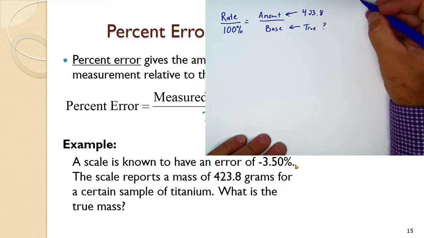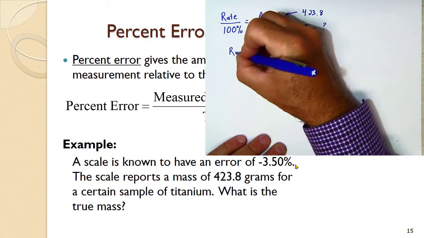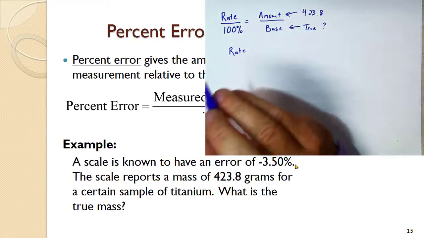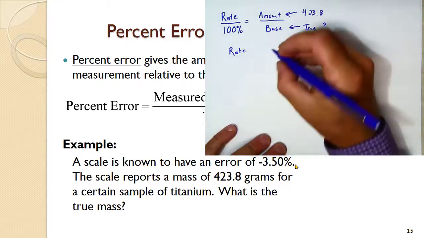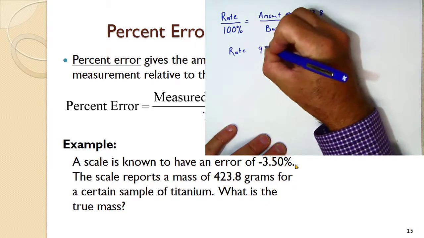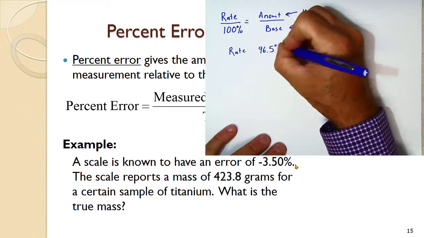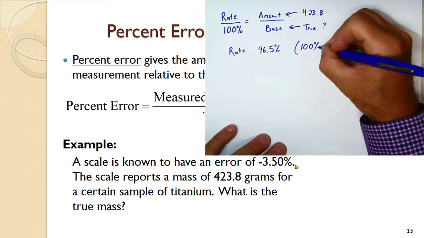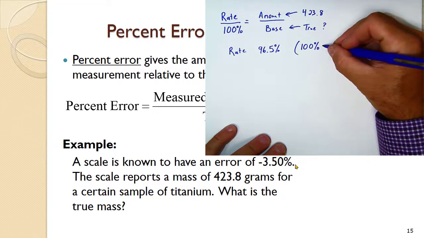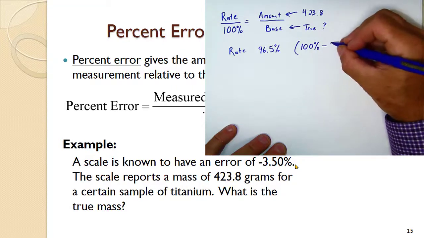The scale says that our amount is 423.8. Now our rate, this is the tricky part. Is the scale reporting the full 100% of the weight? It's not. Our rate would be 96.5% because the scale is reporting 3.5% too low, so it's not reporting the full weight of 100%.